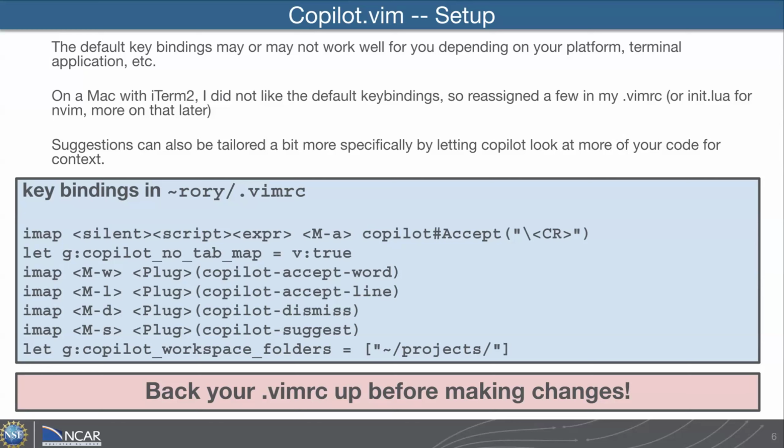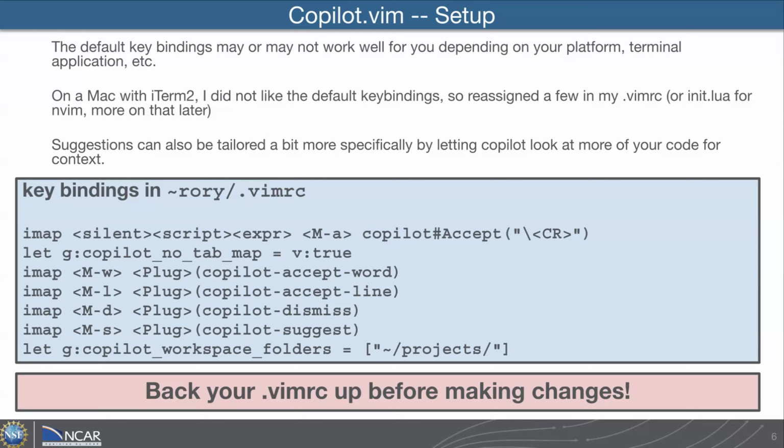Just to aid my memory, I bound them to commands that start with the letter of the command. So like accepting, I bound to meta A. Meta is like the option key on a Mac. So option A will accept the suggestion. Option W or option L will accept a word or a line. Option D will dismiss, and option S will ask it to suggest something.